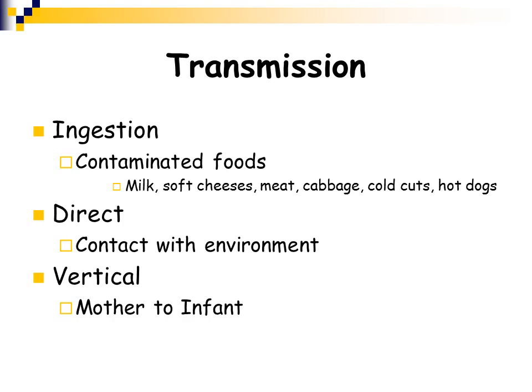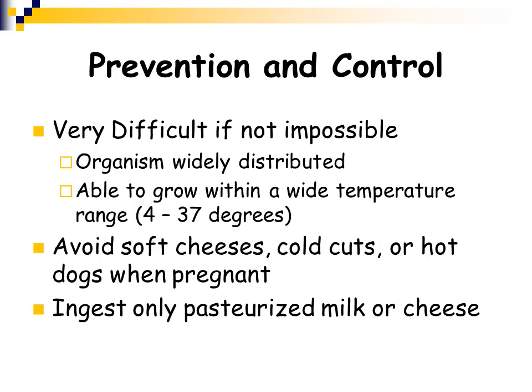There are some associated infections with meat, with cabbage, because you may not cook cabbage, cold cuts, hot dogs, those meats that commonly you might eat without cooking or cooking thoroughly. It can be transmitted directly through environmental contact, and of course vertical transmission from the mother to the infant in utero.